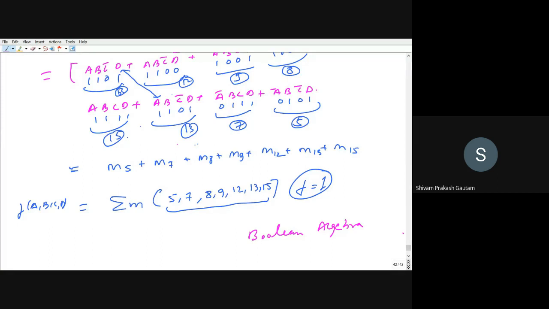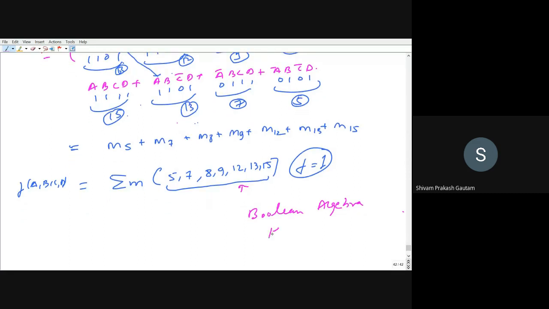Or any functions. But in coming classes, we will see some more techniques which will require the knowledge of this min terms, that is sum of product or product of sum form. And from that, we will see a technique which is called as K-map. In that K-map, we will be needing the values of min terms to fill up our K-map.